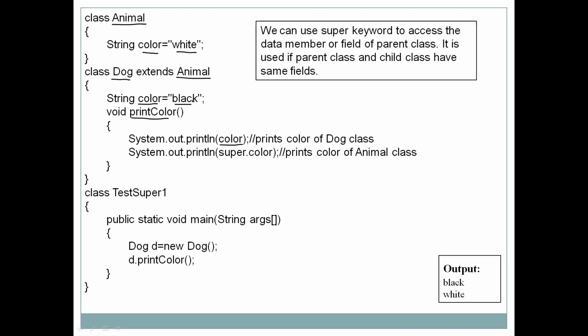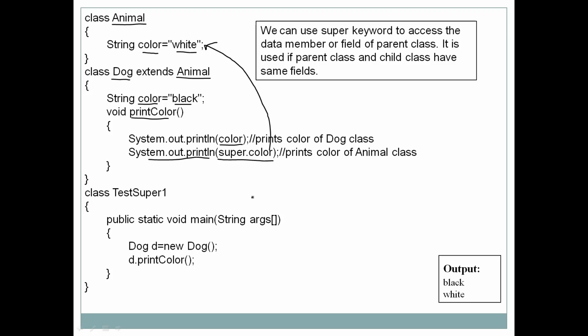For that, we can use the keyword super. By using the super keyword, we can access the instance variables of the superclass. Look at the second println statement here, how the color is accessed. When we say super.color, this time it will not print the color black, but it will access the variable of the superclass, and this will print the color as white.